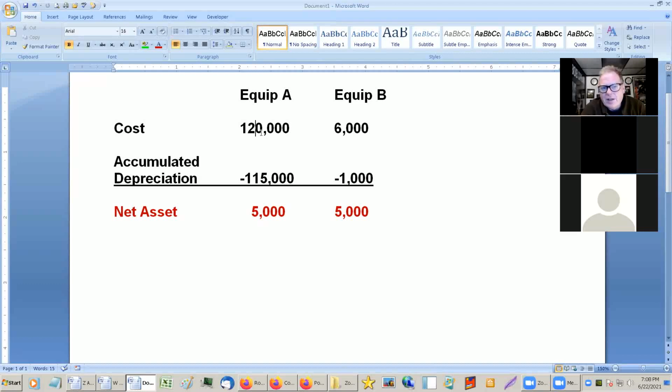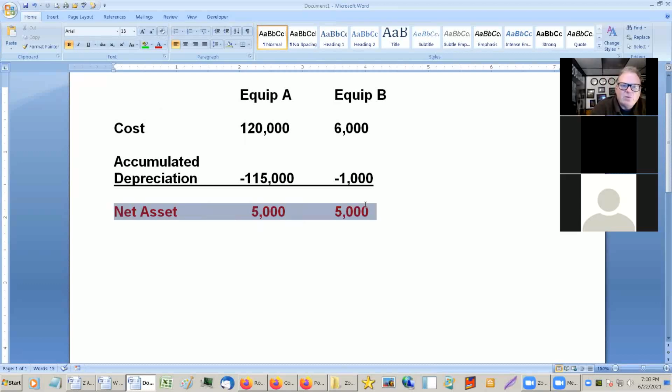Not knowing what it is, but there probably will be a large cash outlay for equipment A, whereas equipment B is not cheap, but relative to equipment A it's much less. And also, it's probably a newer asset. So even though they have the same net value, equipment A is obviously older and it's obviously going to be expensive to replace it.